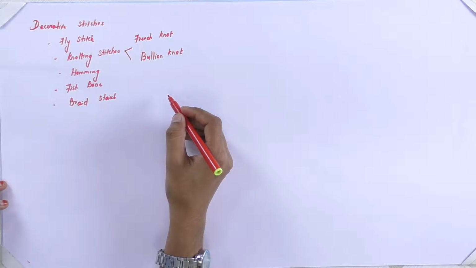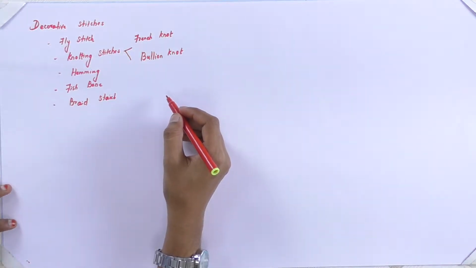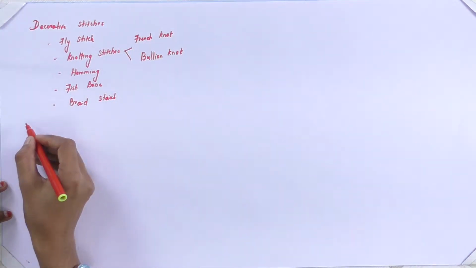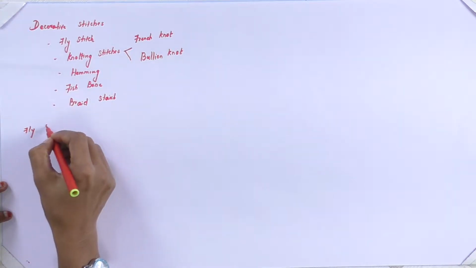Let me list down and show you the application and the demonstration of how we have to do the needle and thread movement for these types of decorative stitches. Coming to the first stitch, fly stitch.